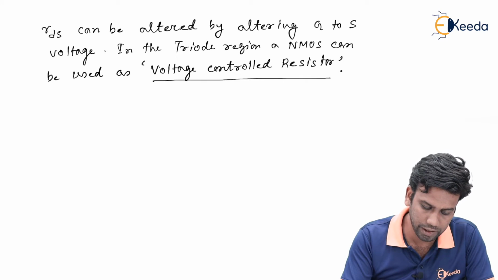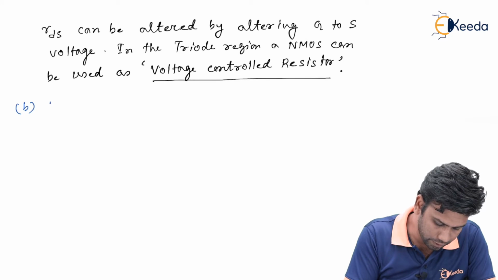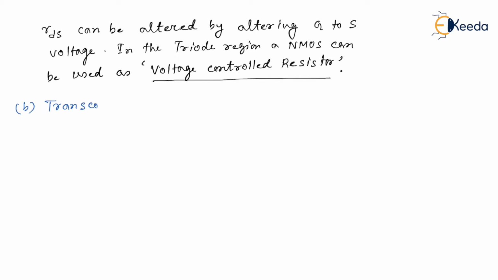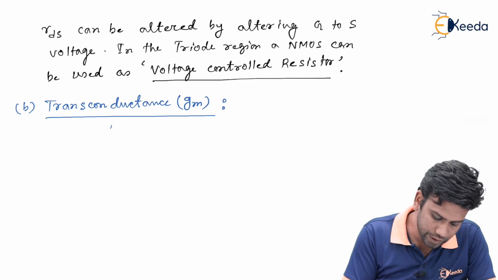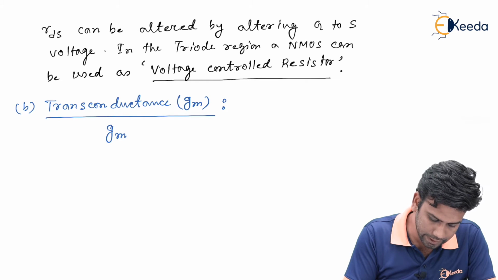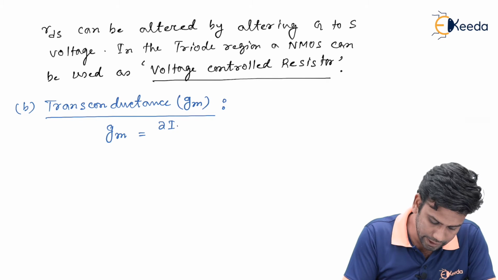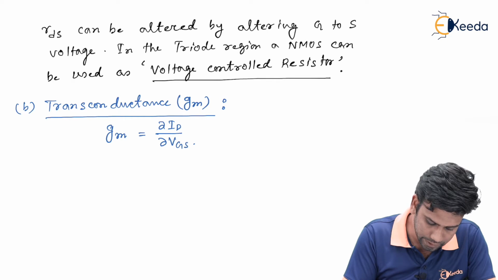The second parameter that can be found in the triode region is the transconductance, denoted by G suffix m. By definition, the transconductance is defined by del ID by del of VGS.